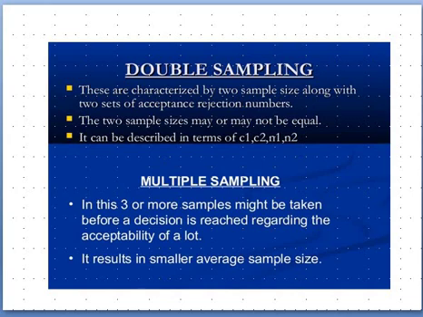It can be described in terms of C1, C2, N1 and N2. Next, multiple sampling. In this, three or more samples might be taken before a decision is reached regarding the acceptability of a lot, and it results in a smaller average sample size.